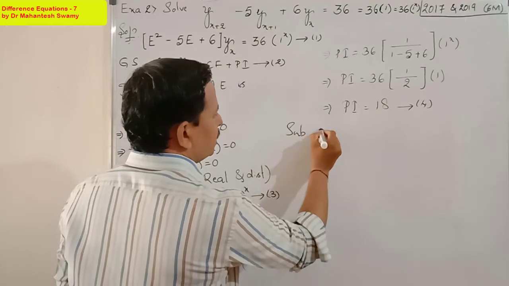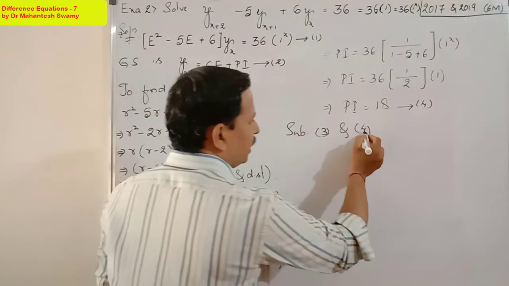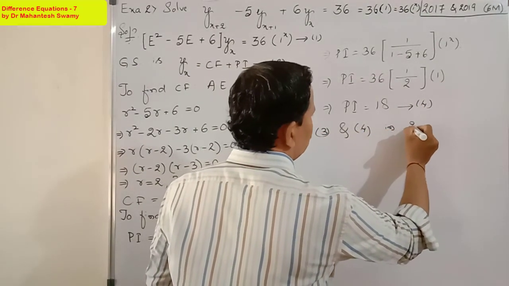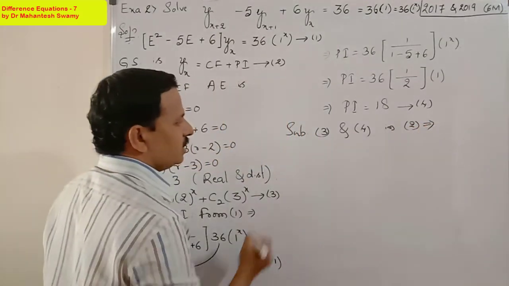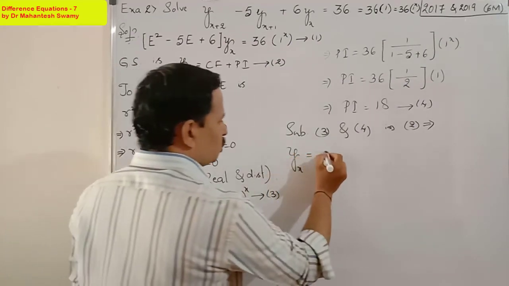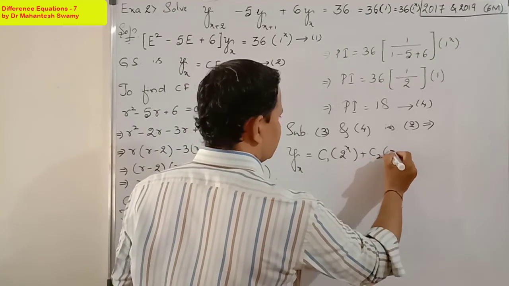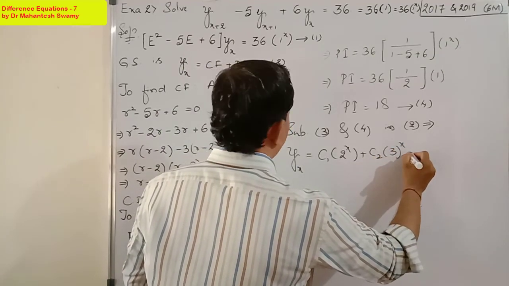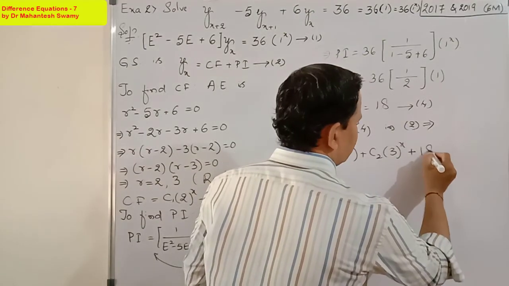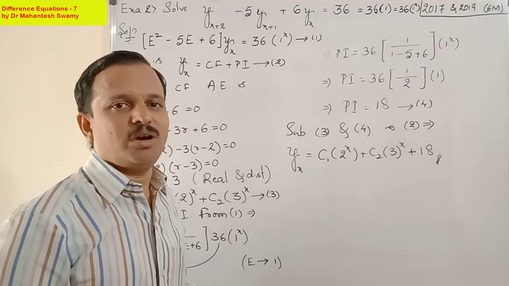Substituting equations 3 and 4 into equation number 2, where equation 3 is for the complementary function and equation 4 is for the particular integral, we get the general solution y(x) equals c1 into 2 to the power x plus c2 into 3 to the power x plus the particular integral, that is 18. So this is the required general solution of the given non-homogeneous second order difference equation.